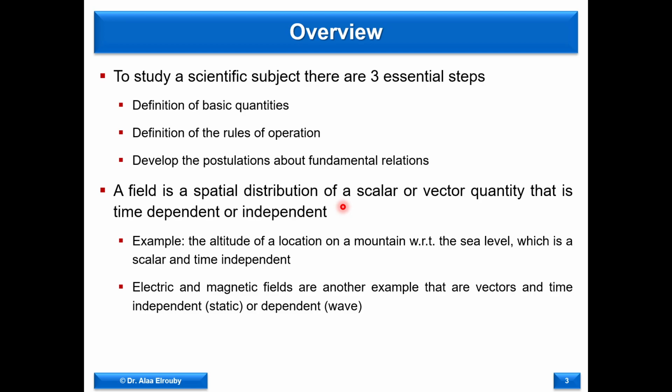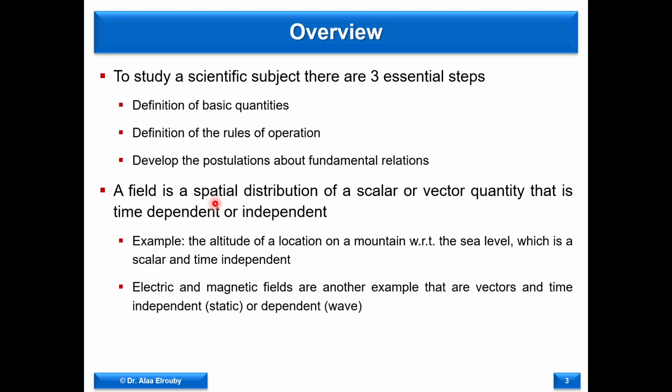So what is the meaning of field? The field is spatial, something related to position. Spatial is something related to position. The field is a spatial distribution of either scalar or vector quantities that is time dependent or time independent.